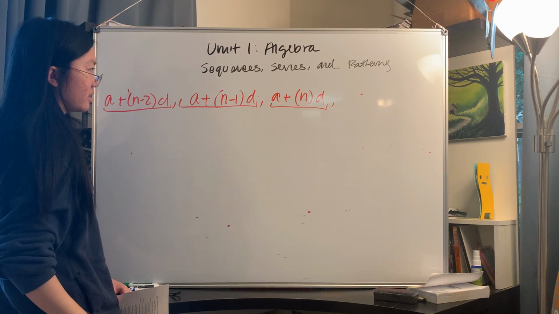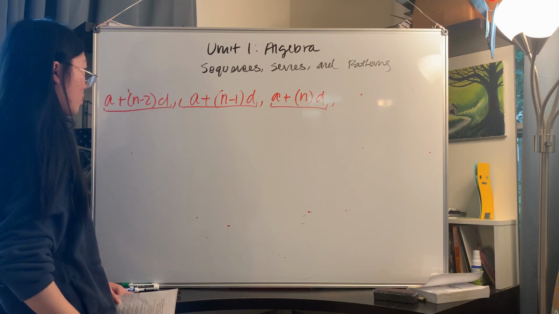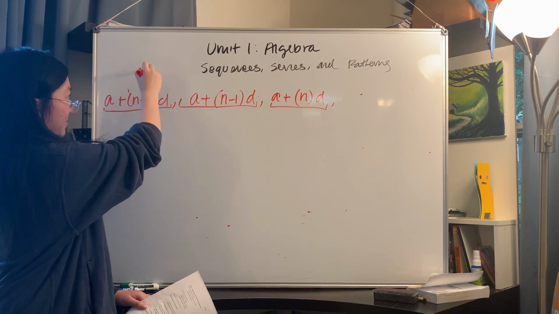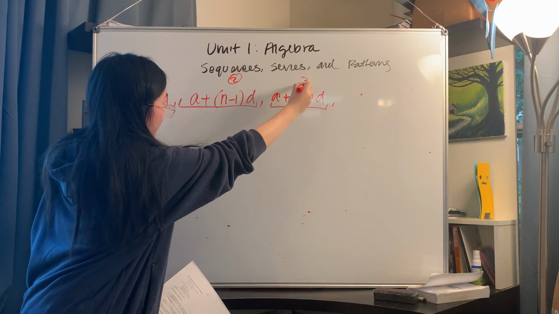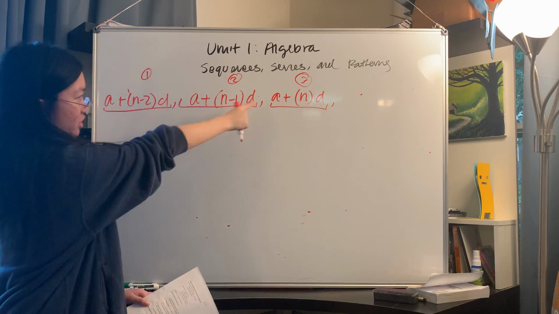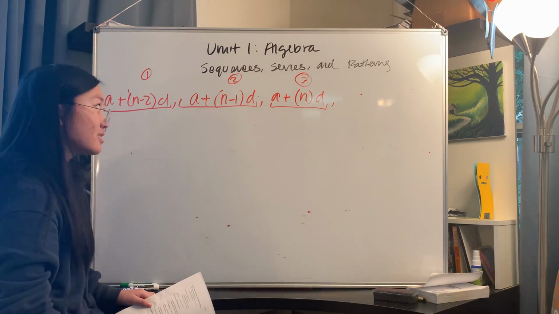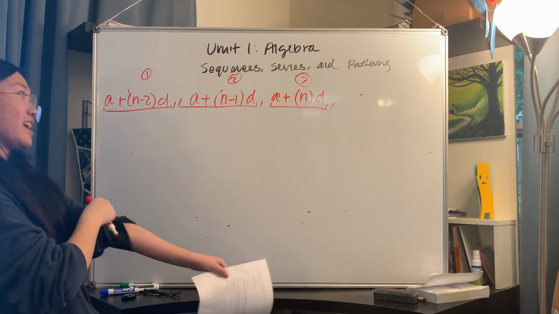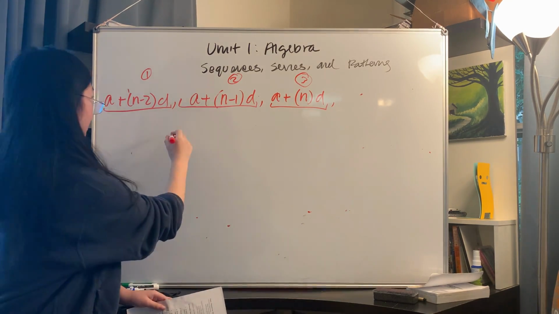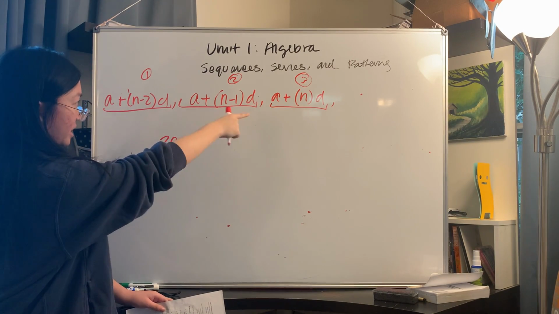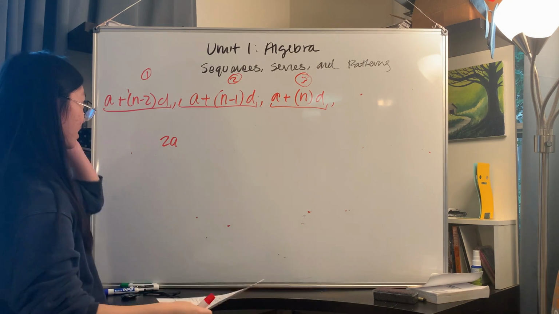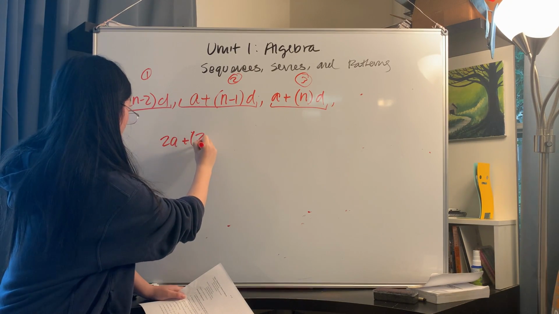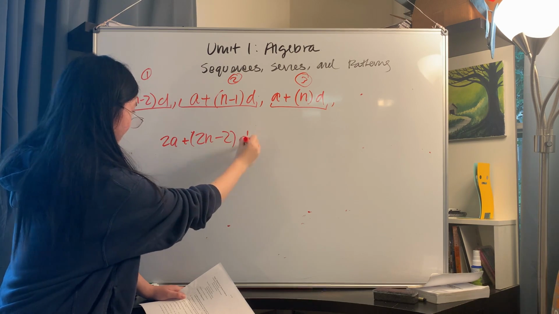So now that we have this, here's an interesting thing to consider. I'll just name them term 1, term 2, term 3. When you add term 1 and term 3, you get 2 times term 2. So let's add term 1 and term 3. a plus a is equal to 2a, and n minus 2d plus nd is equal to 2n minus 2d.